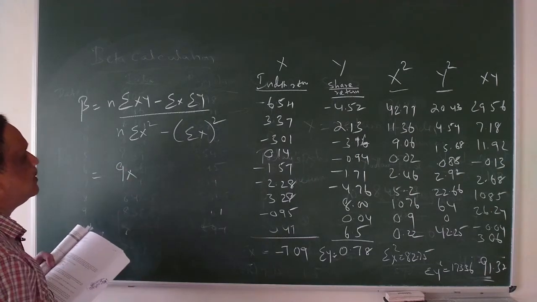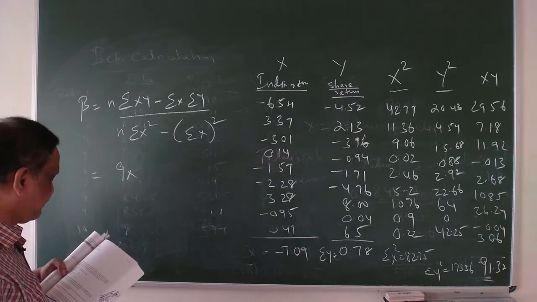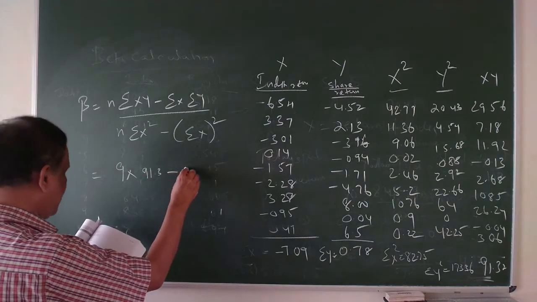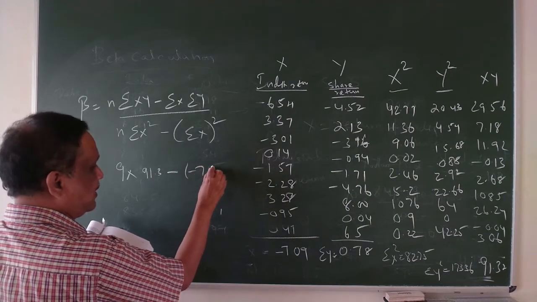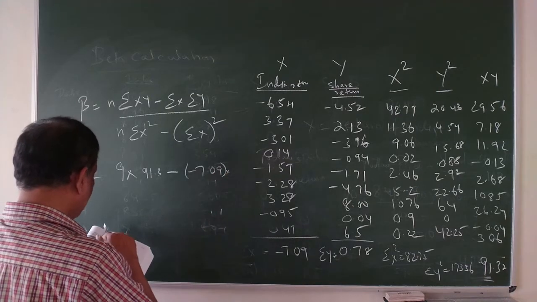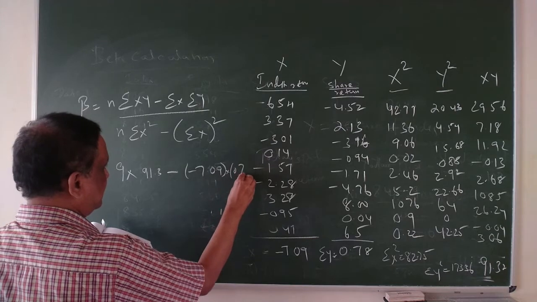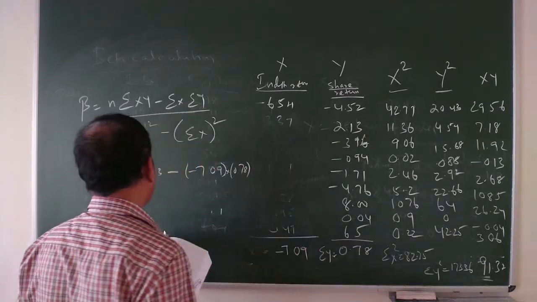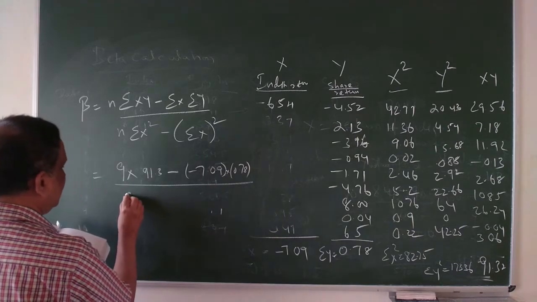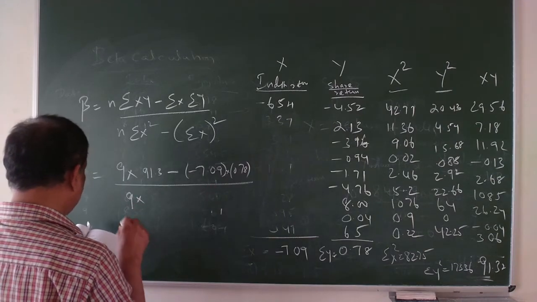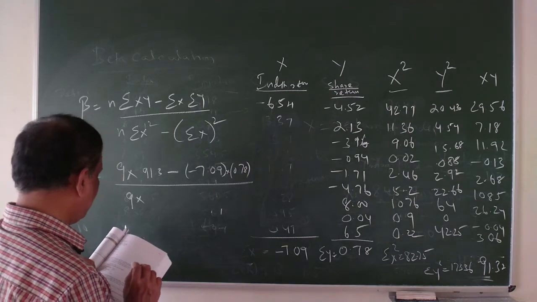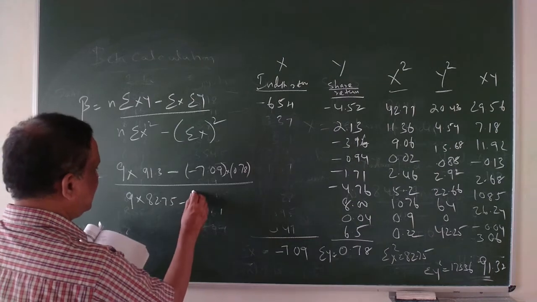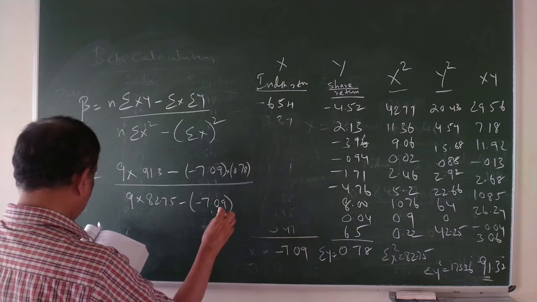So, take it as 9, n sigma xy is 91.3 minus sigma x into sigma y, that would be sigma x is minus 7.09 multiplied by sigma y is 0.78, divided by n is 9 into sigma of x square is 82.75 minus sigma x is 7.09 whole square.